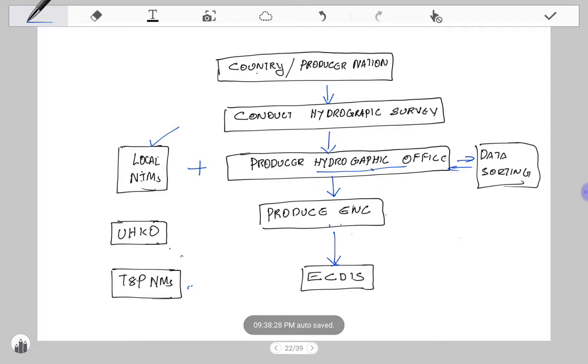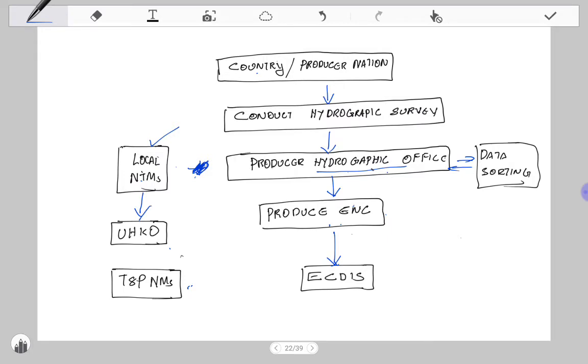But there are some hydrographic offices or countries that don't add these local notices to mariners to their own ENC while producing. What they do is send them directly to UKHO.